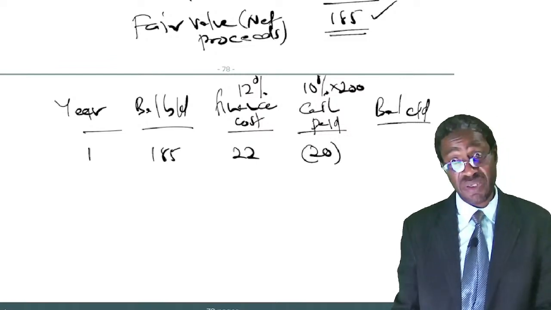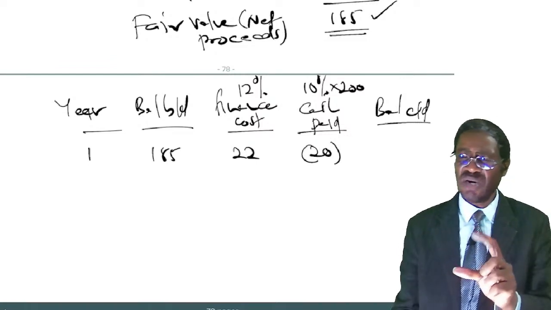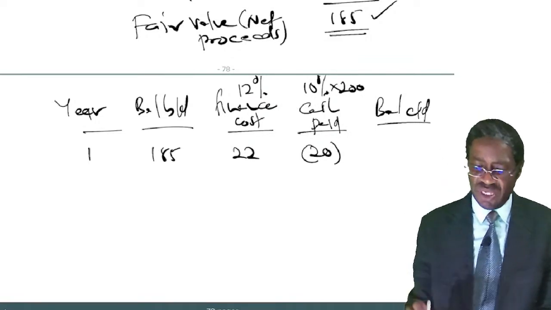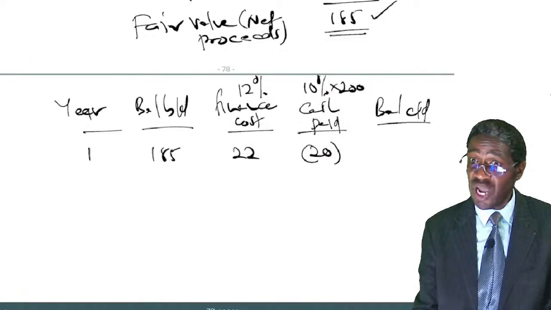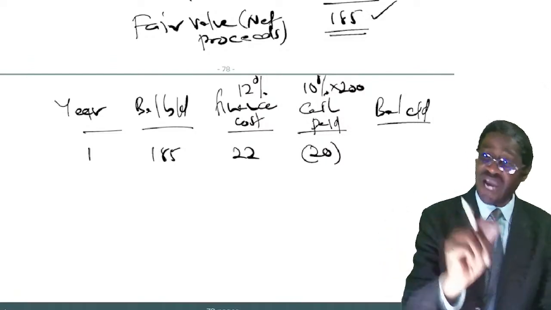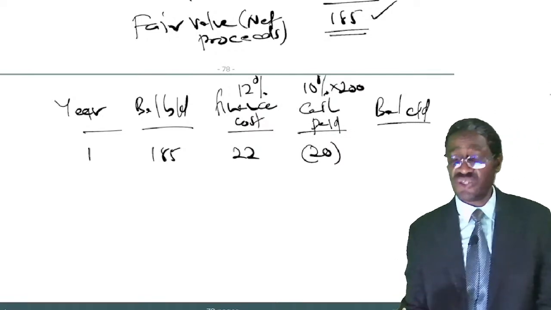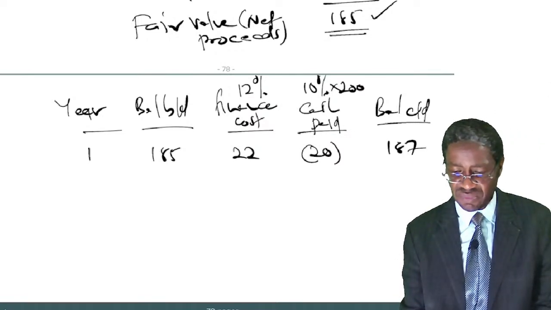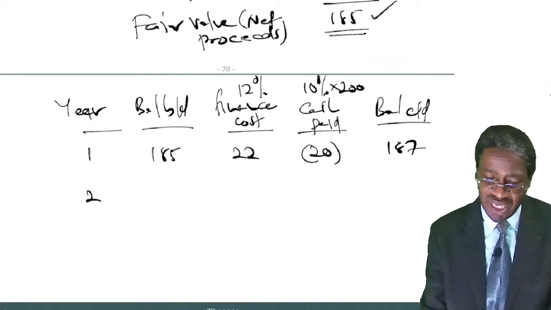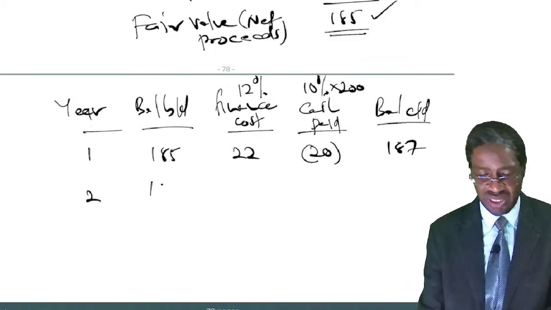By the end of the year, what is the amortized cost? If I take 22 minus 20, that gives me a positive 2. I add it to 185, that gives me 187. I bring down the balance by the beginning of year 2, 187.